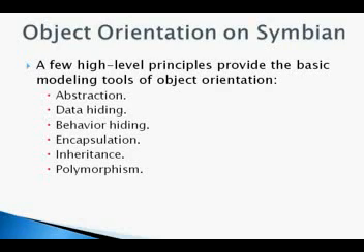It's a way of thinking, a programming style, a particular approach to modeling, with high-level principles providing the basic modeling tools of object orientation. Abstraction hides details by finding the commonalities between things so that the differences become variations. In data hiding, the data inside objects acts as state. Interfaces or behavior hiding express public behavior or public protocols and hide private behavior.